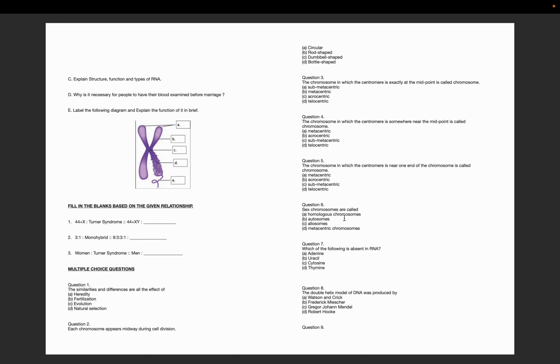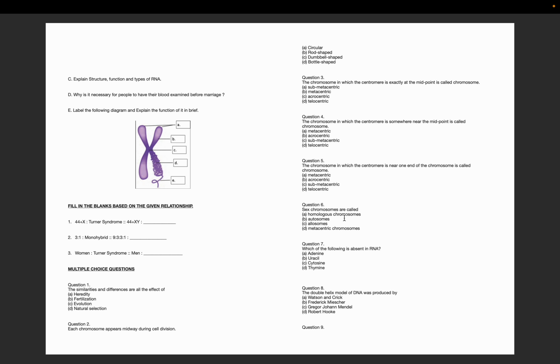Let's look at the next question. Fill in the blanks based on the given relationship. The first one is 44 plus X, Turner syndrome. 44 plus XY will be Klinefelter syndrome.